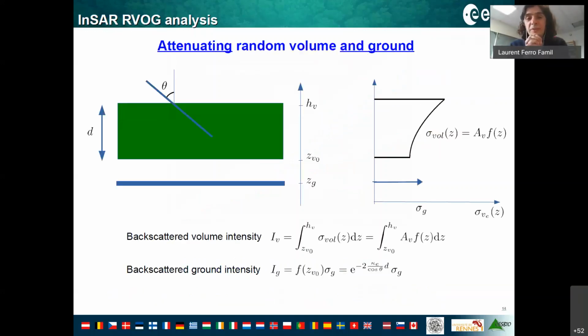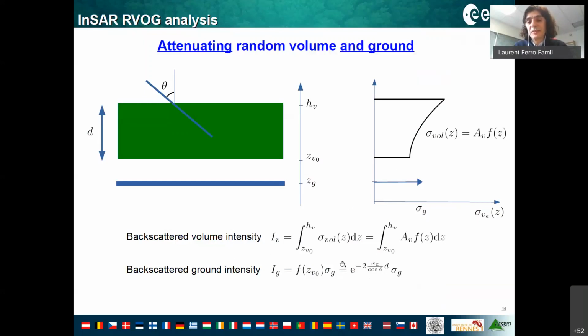And last but not least, the random volume over ground model, with both an attenuating volume and ground. You merge everything together. So now the reflectivity profile is a Dirac on the ground and an exponential for the volume. If you want to compute the intensity scattered by the volume and by the ground, you just apply these expressions here.